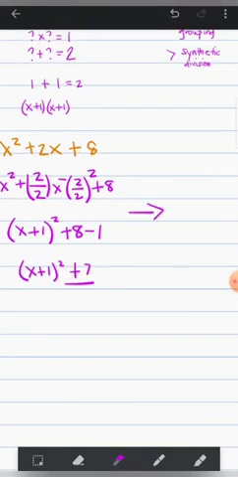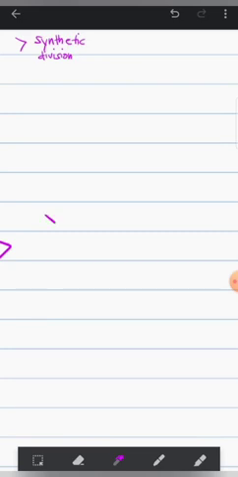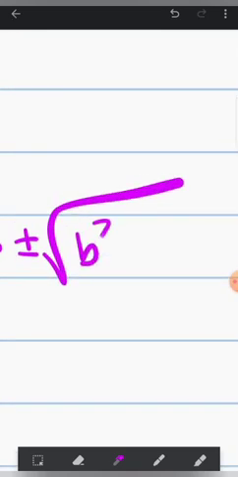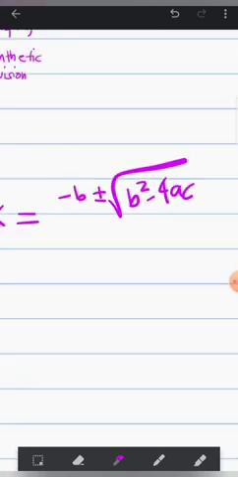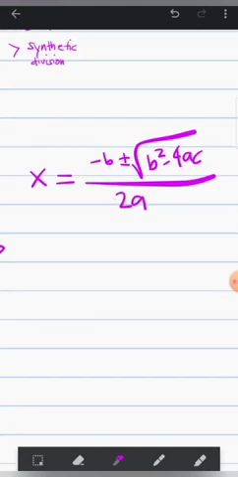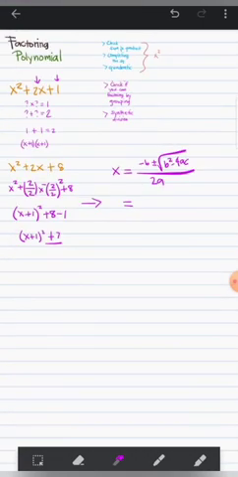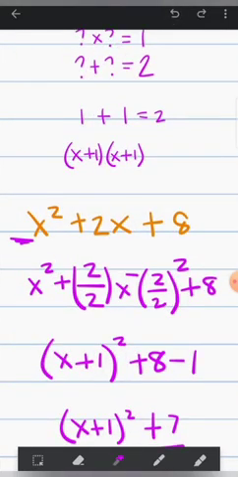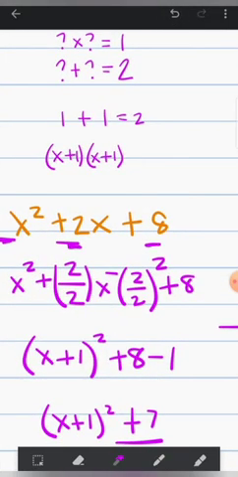And also, we can use the quadratic formula, which says x is equal to negative b plus minus square root of b squared minus 4ac all over 2a. So we just have to identify a, b, and c. In this, A is 1, B is 2, and C is 8.